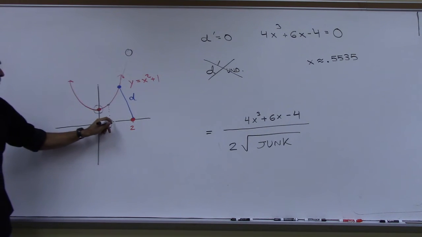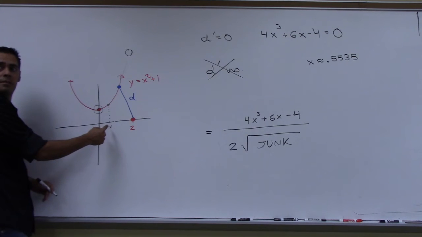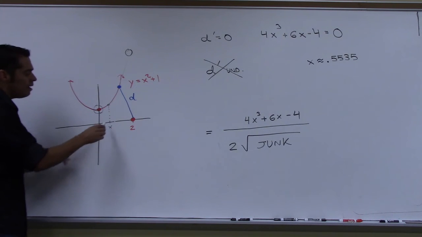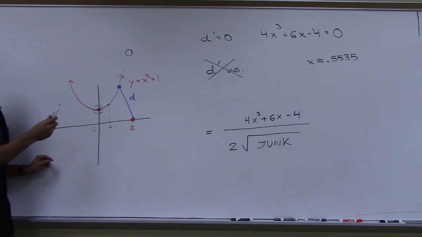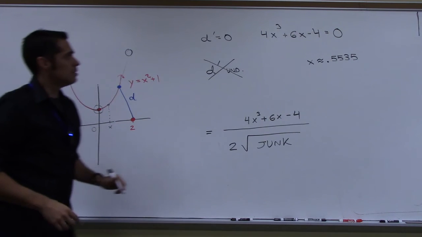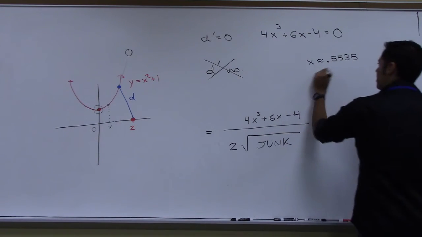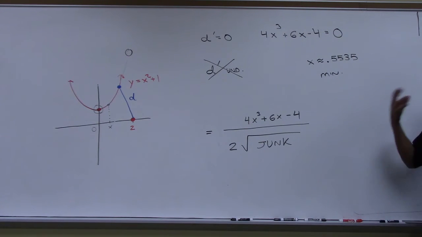And if I just got 0.5535, I'm in here, right? So what I need to do now is plug that into the function to get my y coordinate. And that'll be the point that's closest. So I'm going to already say that this is the x that gives you the minimum, just by thinking through the geometry of the problem.